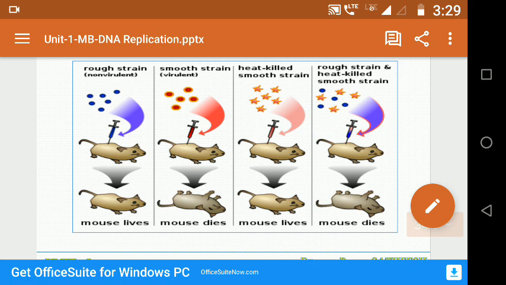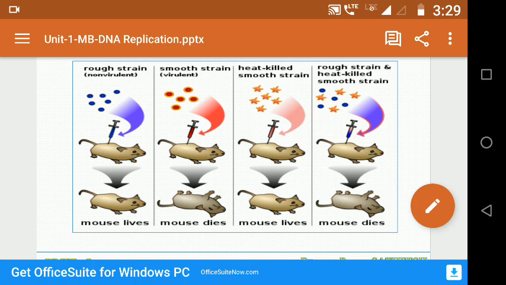pneumococci bacteria, where the pneumococci bacteria has two different strains, rough strain and smooth strain. When we grow the pneumococci bacteria on agar medium, the rough strain gives colonies which appear a little bit rough in nature.